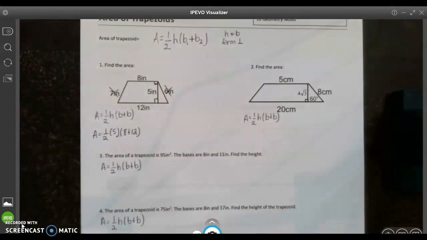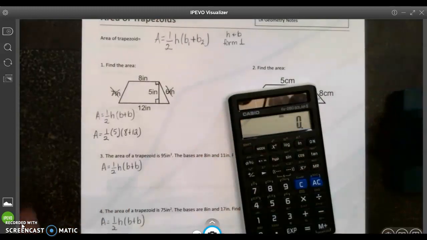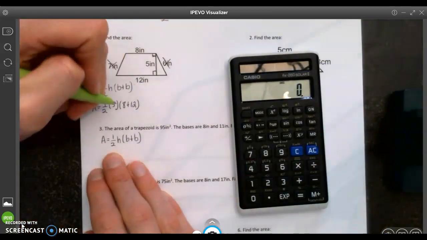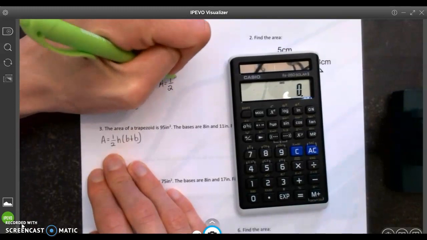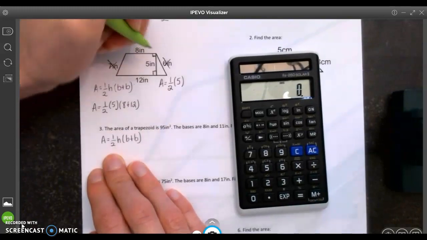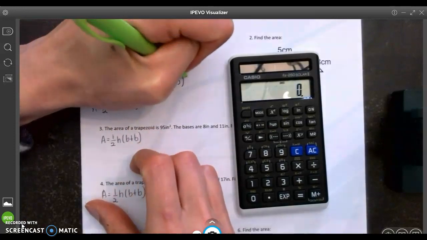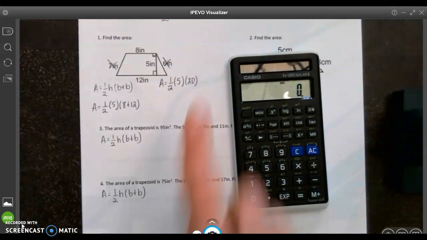This takes a little bit more simplifying, like steps and work, than some of our previous formulas, just because there's a little bit more going on. So I'm going to come over here, I'm going to say area equals 1/2. I'm going to leave that height of 5. I'm going to do 8 plus 12 to get 20. And now this looks a lot like our triangle formula where we've combined the bases.